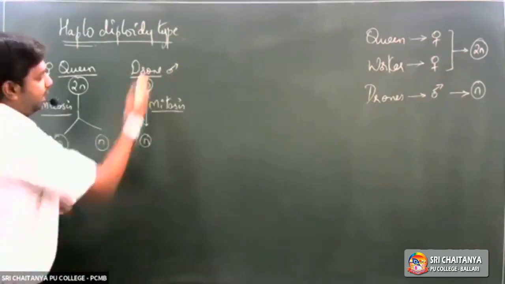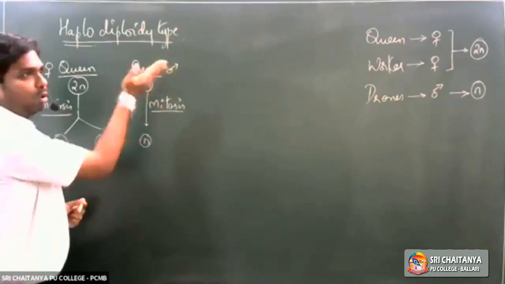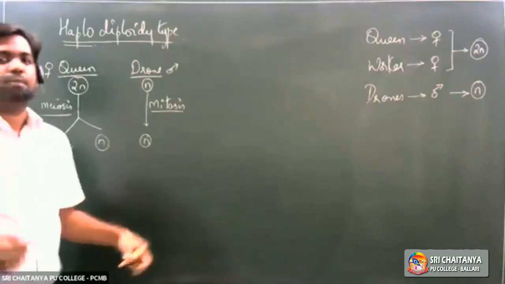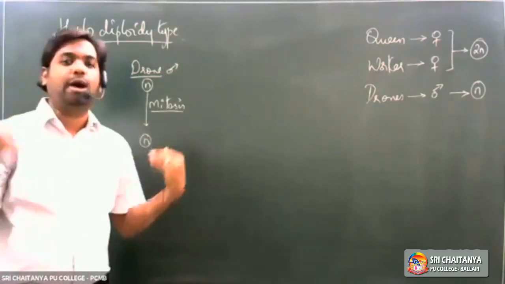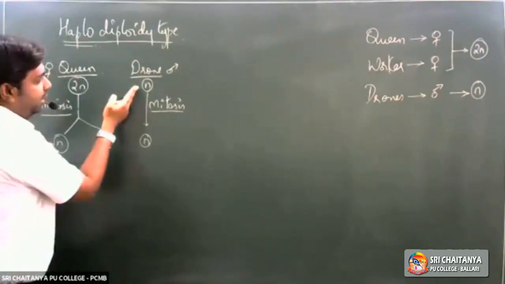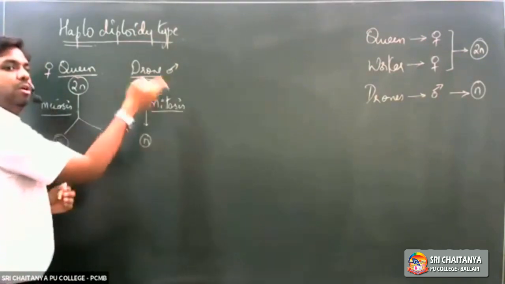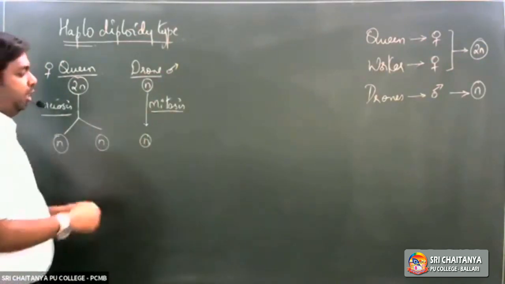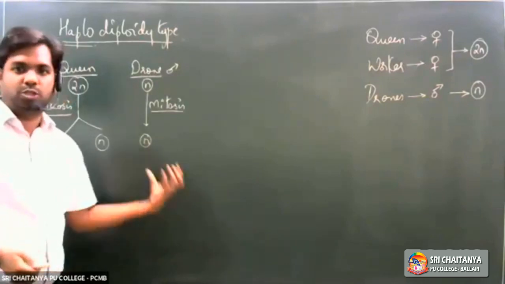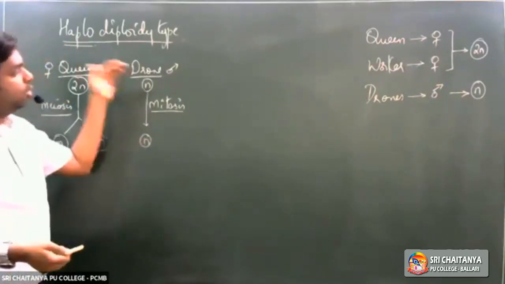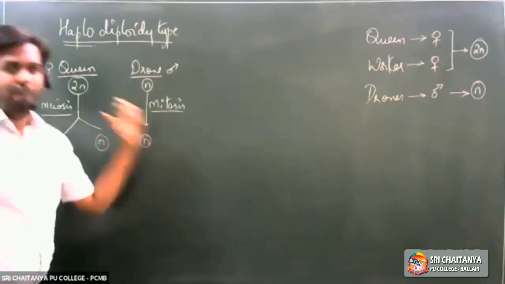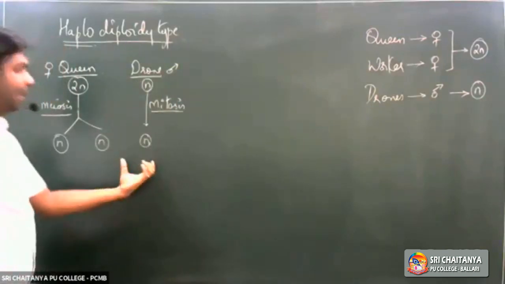So why is the drone undergoing mitotic division? What happens if it again undergoes meiotic division? We know that in meiosis, the chromosome number is reduced to half. Now, if it is already haploid and meiosis occurs again, it would become n/2. That is not possible at all. So it undergoes equational division, that is mitosis, to form the male gamete.